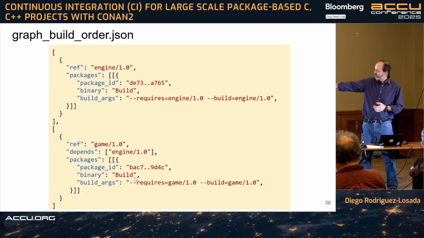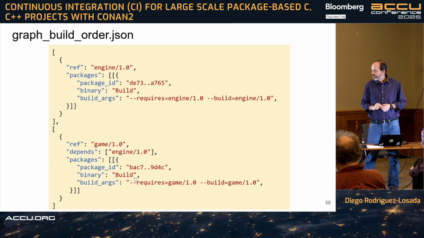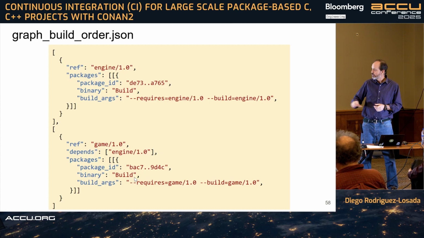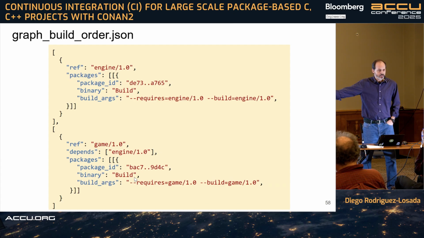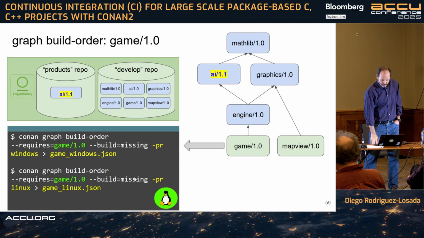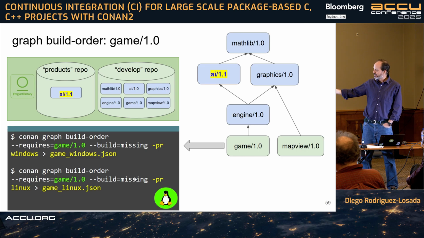And then the second list there contains game. So it knows that first it has to build the first list with engine, and then it has to build the game. The game depends on engine, of course, and it also has the information there about the binary it needs to build, right? This is basically the information that we need for a CI job to automatically launch what it needs to build. So this can be leveraged by the CI.